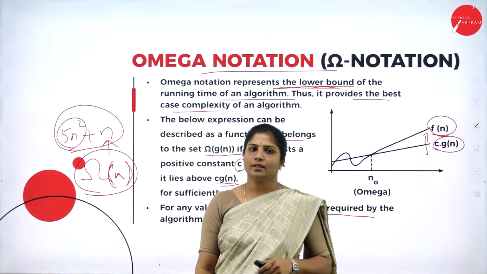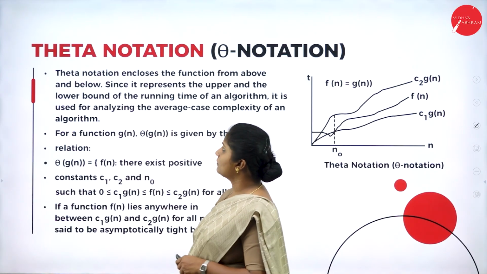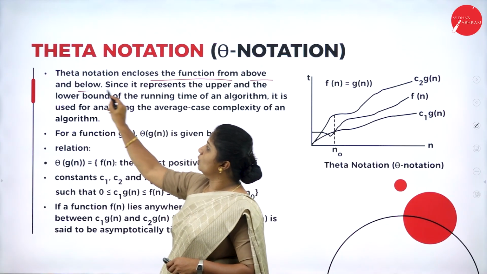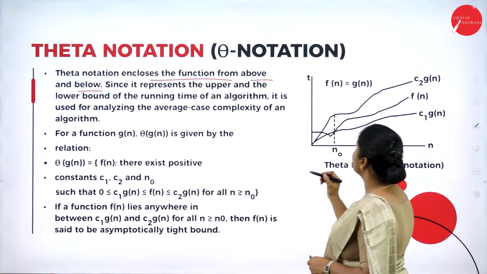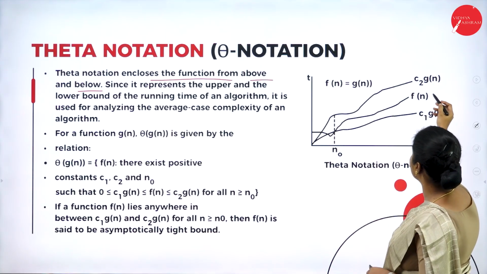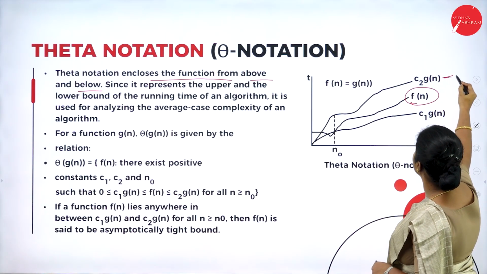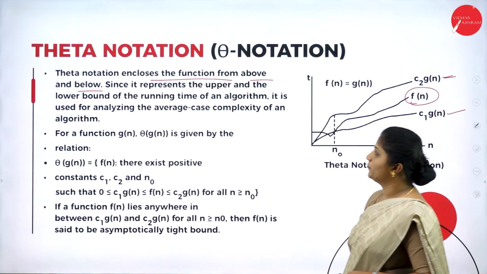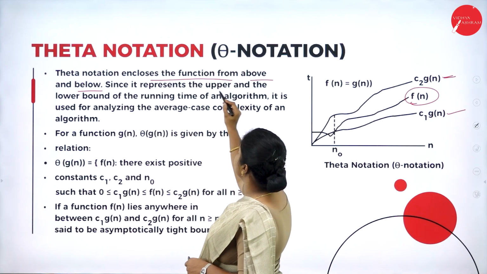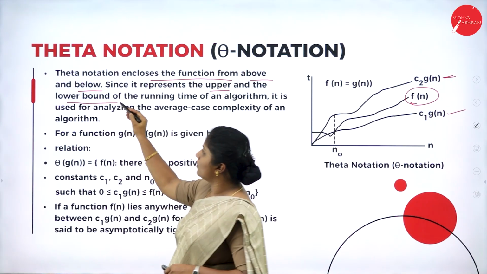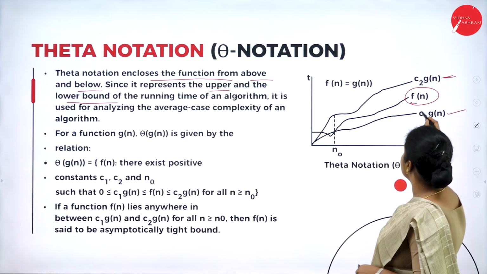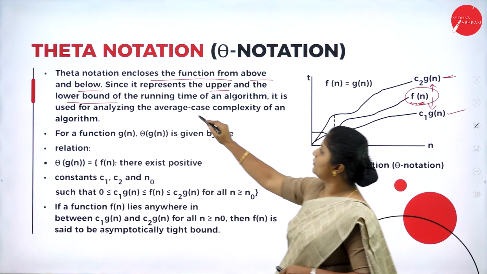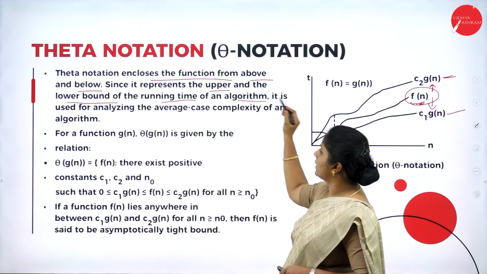Next we will move on to the theta notation. It encloses the function from above and below. We can observe in the given figure that f of n is between C2 g of n and C1 g of n, since it represents the upper and lower bound of the running time of an algorithm.